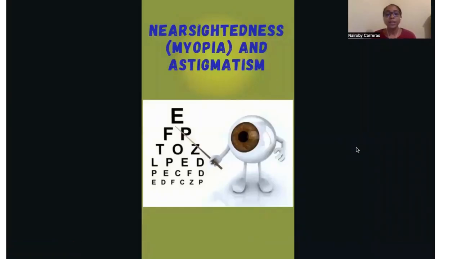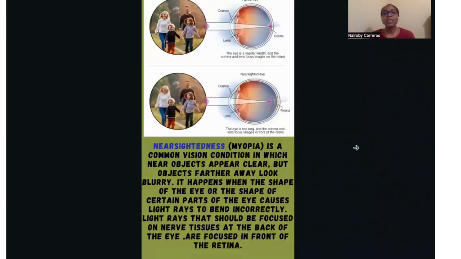Hello, my name is Nairobi Carreras, and I'm going to talk about nearsightedness, or myopia, and astigmatism. Nearsightedness is a common vision condition in which near objects appear clear, but objects farther away look blurry.